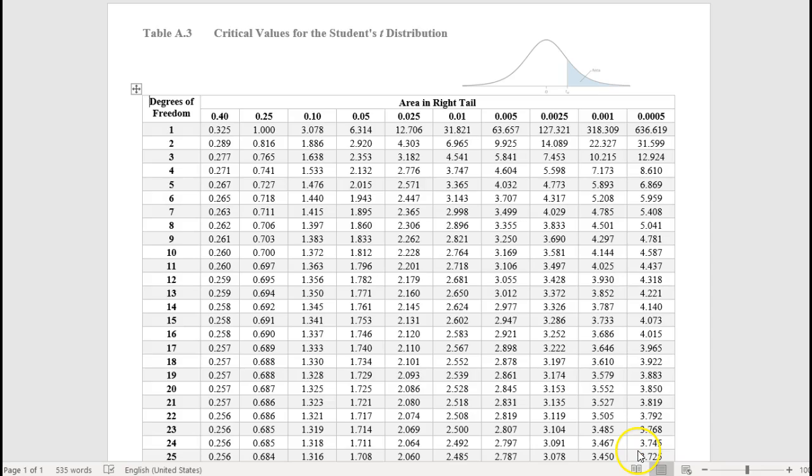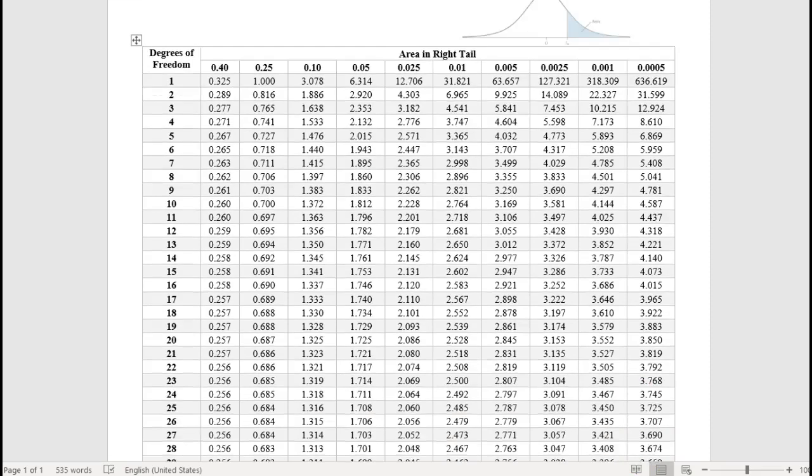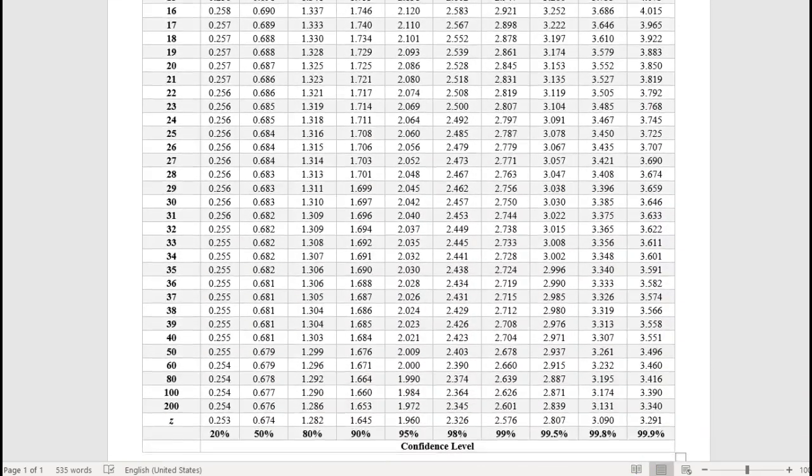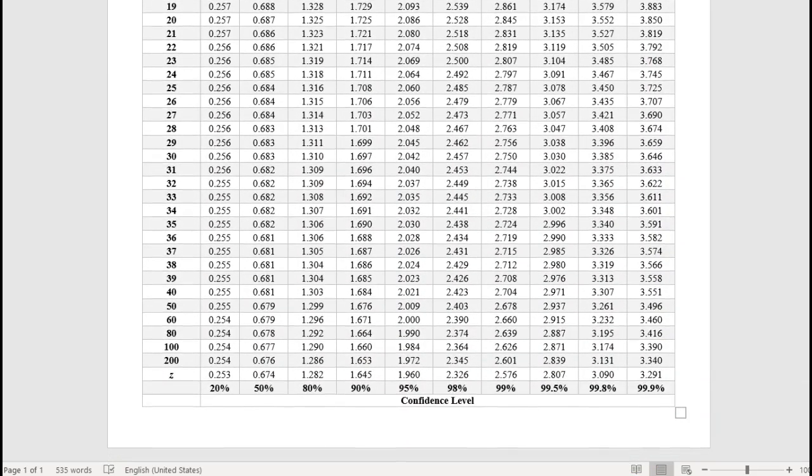All right, so here's table A3. And remember I said I'm going to go all the way to the bottom. Down here, you can see that letter Z. This is the one I call the Z line. Remember, we're going to be at 95% confidence, so I'm looking at the percentages down here across the bottom. There's 95%. The critical value that goes with it is right above it on the Z line, 1.960.